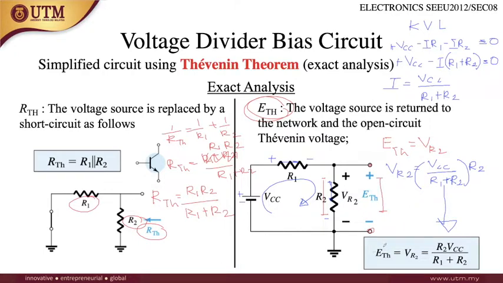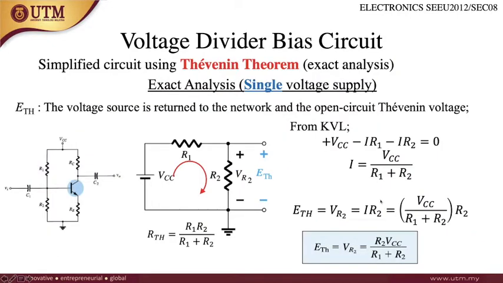So you will get this equation, right? This is going to be the Thevenin voltage for this simplified circuit. This is for a single voltage source, only VCC as the voltage source.